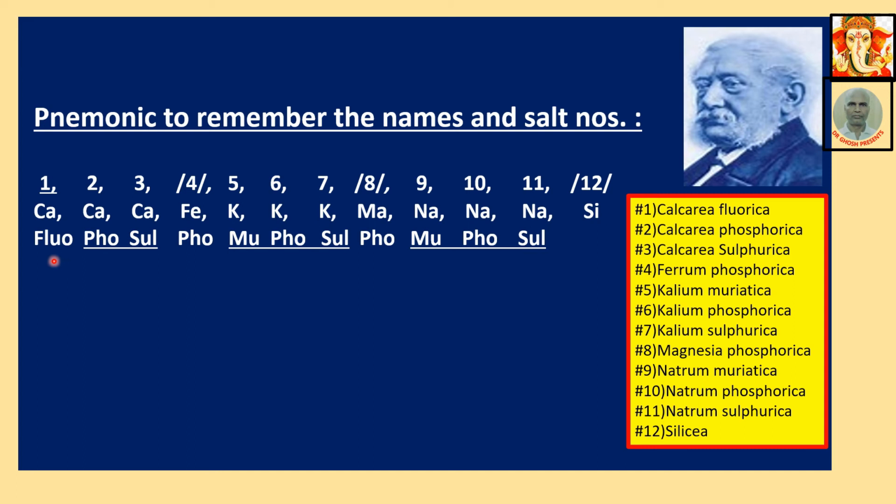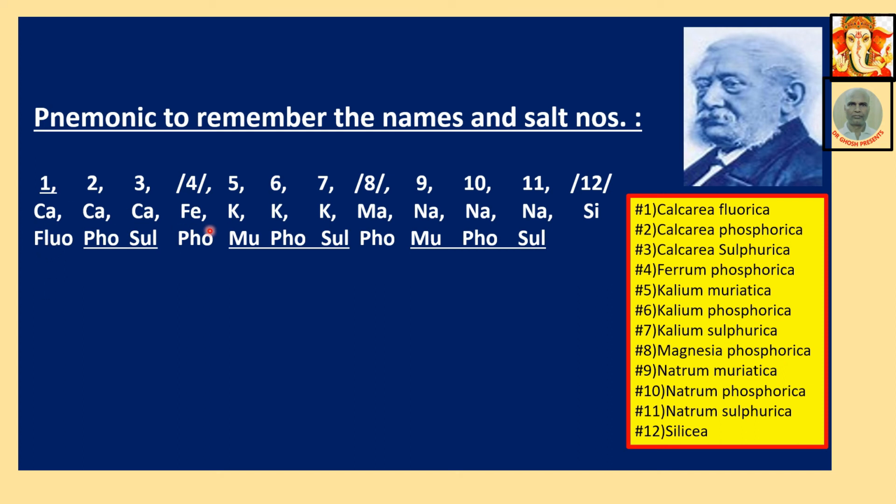So, how will you remember according to our fingertip? Ca, Ca, Ca, Fe. K, K, K, Mg. Na, Na, Na, Si. Then how will you remember the anionic portion? The first one is always fluoricum.